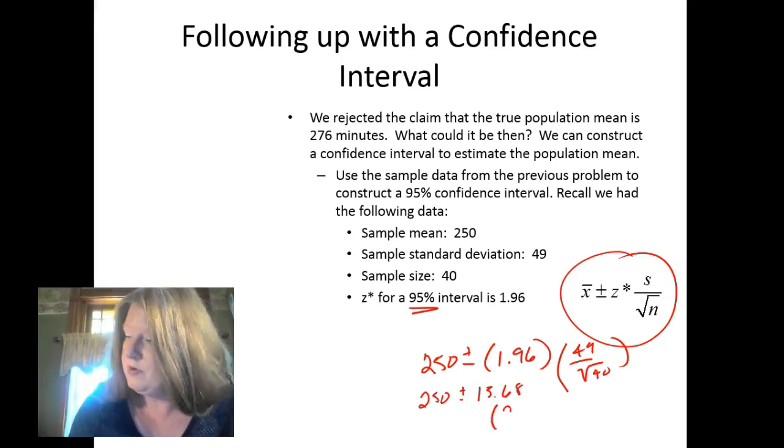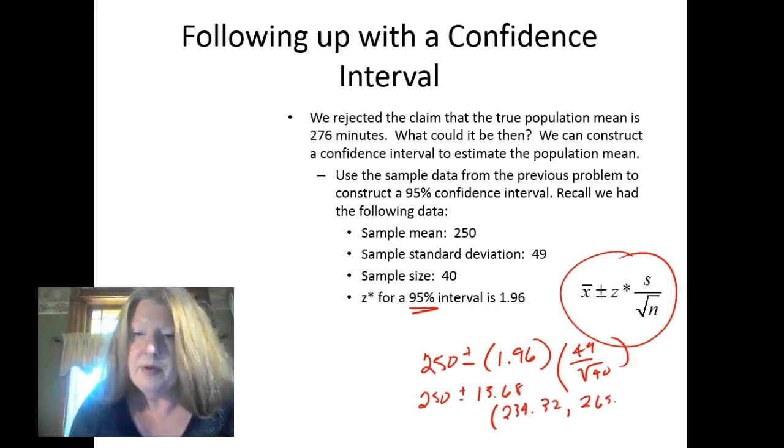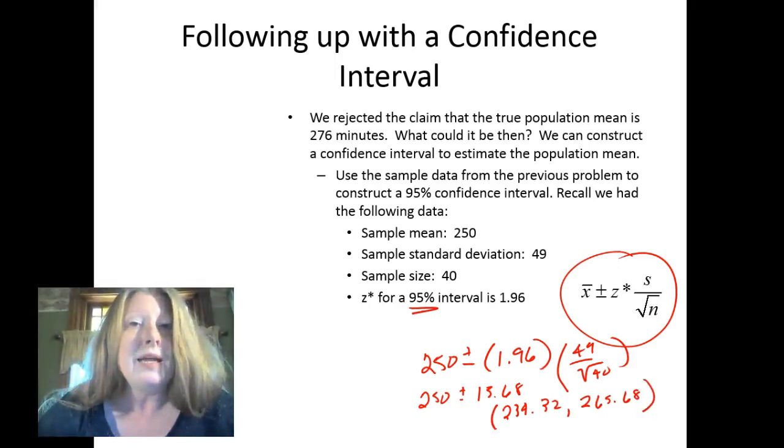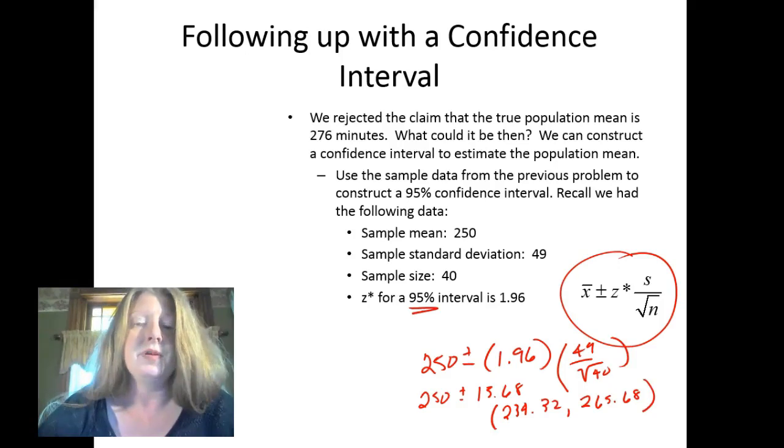That gives you two numbers, 234.32 and 265.68. Again, please check my work. How could we interpret this confidence interval? How could we write a confidence statement?